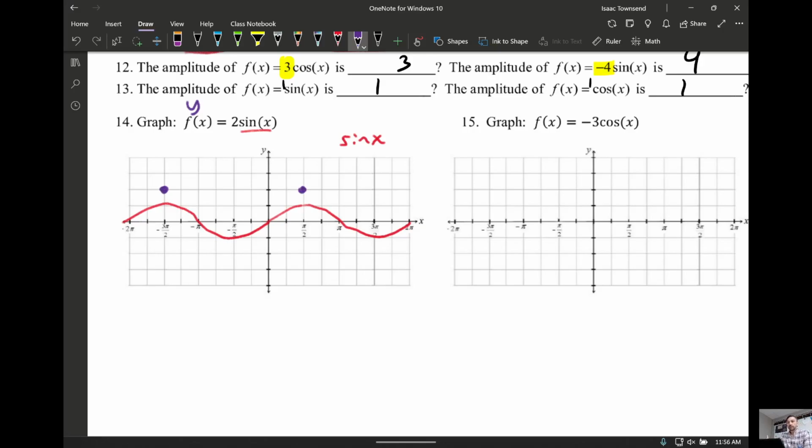All the values of negative 1 get multiplied by 2 and you get negative 2. And all the values of 0 get multiplied by 2, but 0 times anything is still 0. So you can make those point changes, reconnect, and that is what 2 times sine of x looks like. Increases the wave height. Now half the distance between min and max is 2, whereas if we're talking about sine, half the distance between min and max is 1.